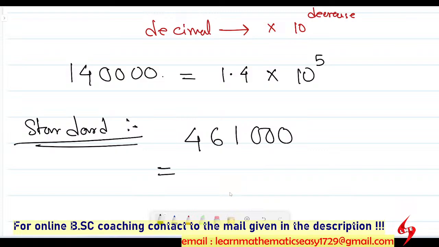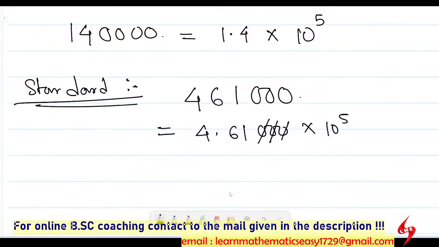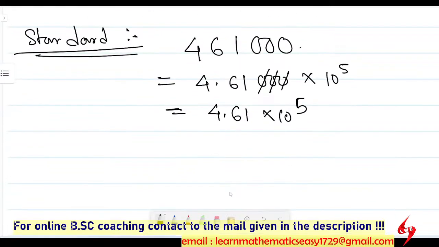So here this is the decimal, and I am shifting the decimal to the left side. So 1, 2, 3, 4, 5 times, so the number will be 4.61000 into 10 to the power 5. But zeros do not matter after the decimal, so we can cut these zeros as well. So we can write it like this. Okay, this is my standard form.